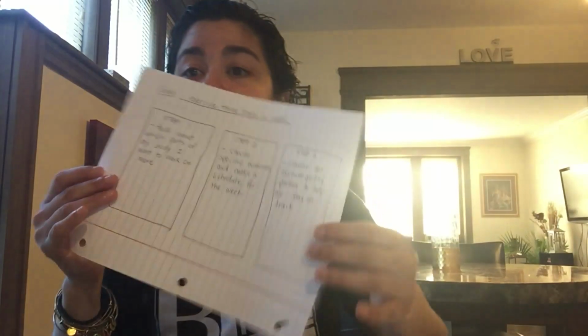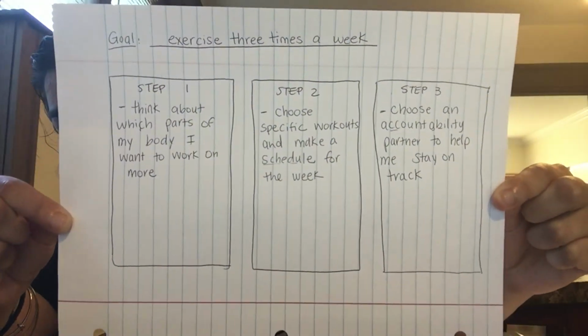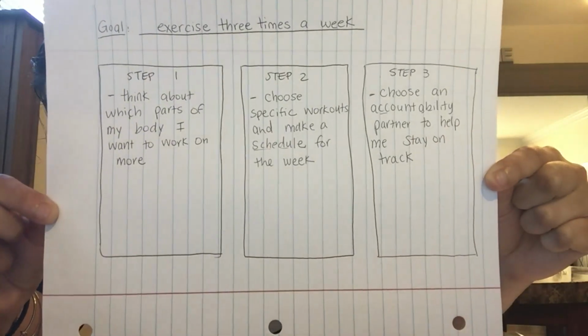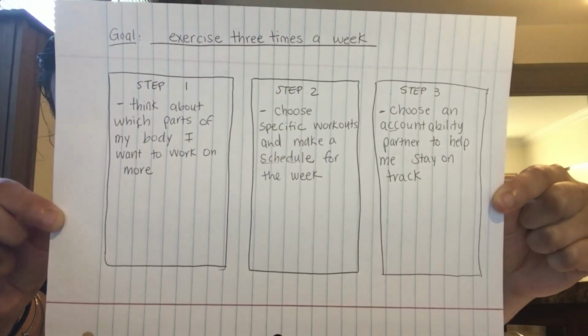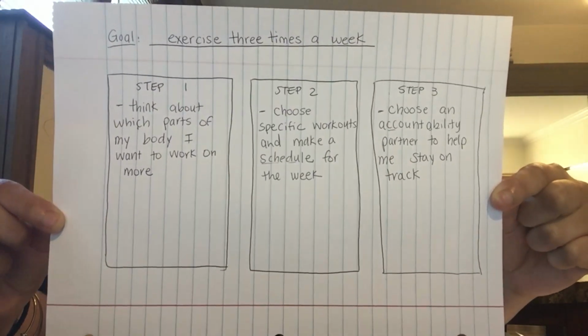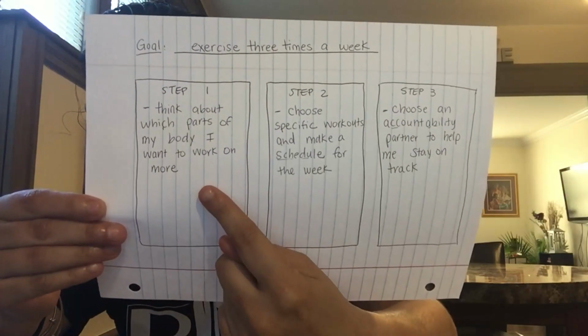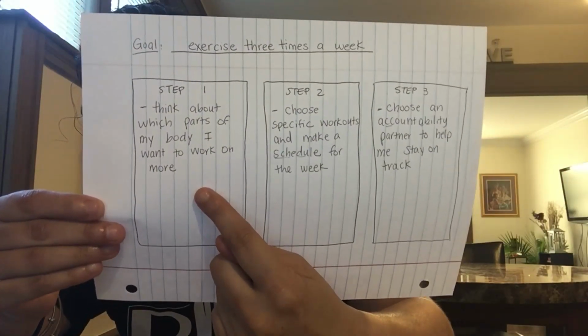So I'm going to show you my organizer. This is what mine looks like. You can pause the screen and look at the video. There will be a picture at the end as well. All right? So step 1, I thought about which parts of my body I want to work on more.